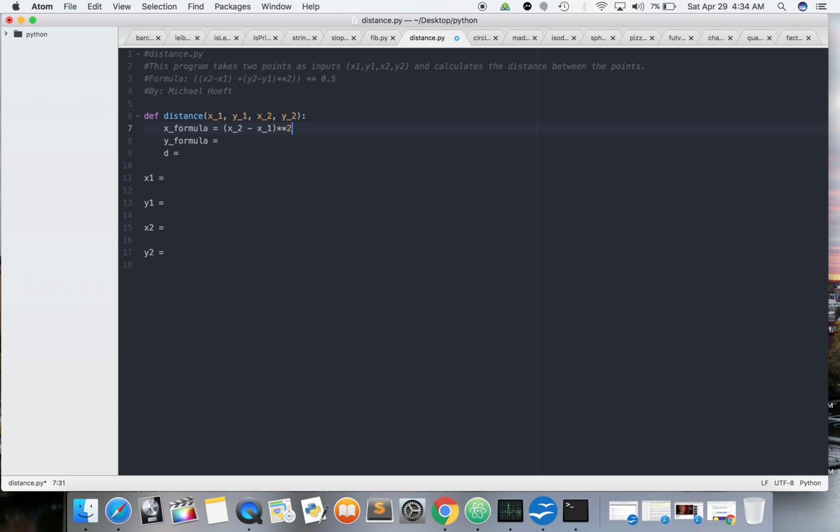Right, so x2 minus x1 squared, right? And this is going to be y2 minus y1 squared, right? So it's going to be x formula plus y formula, right? And then that's going to be 0.5, to the 1/2 power. That's distance.